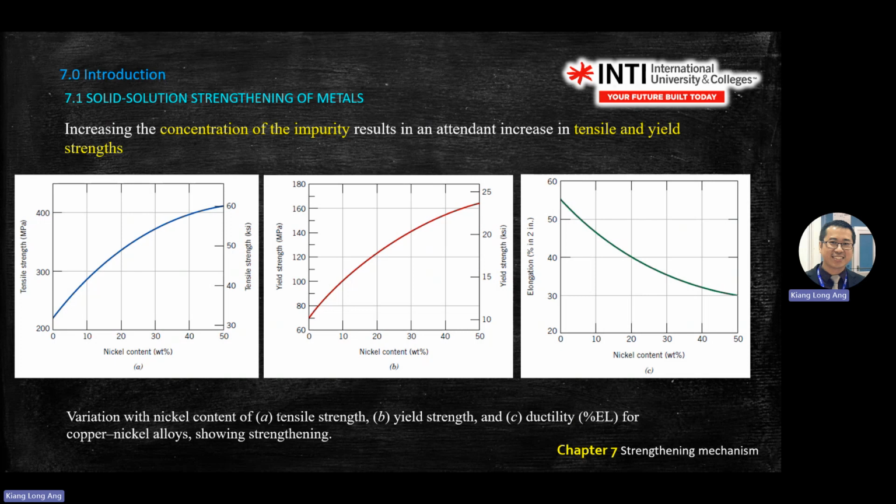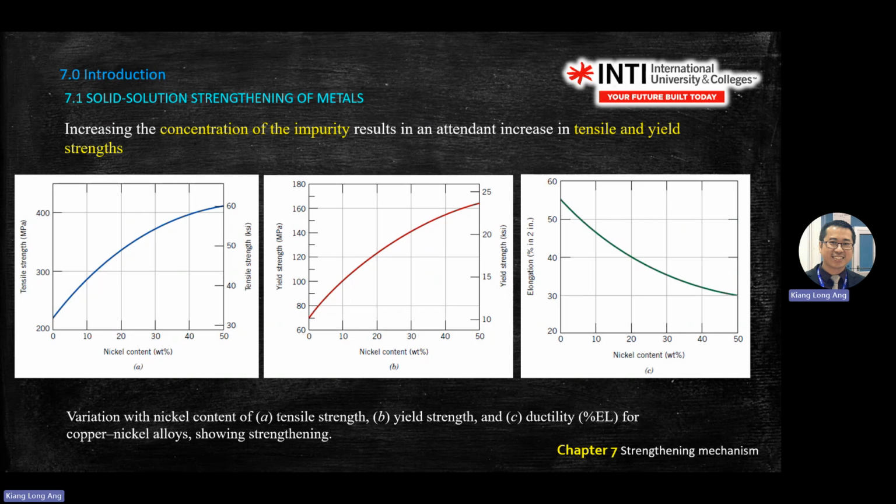As you can see, the blue curve shows that if you increase the nickel, especially as in stainless steel, which uses a lot of nickel, you increase the tensile strength. Same here, the yield strength also increases when you increase the nickel content. And the elongation reduces if you increase the nickel content.